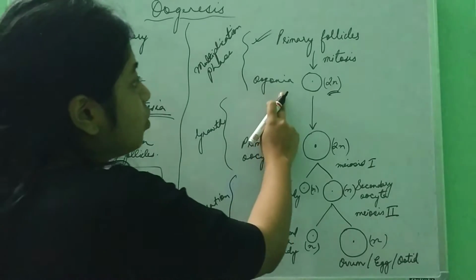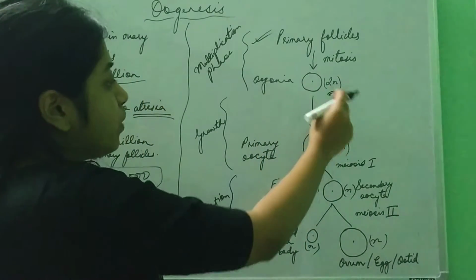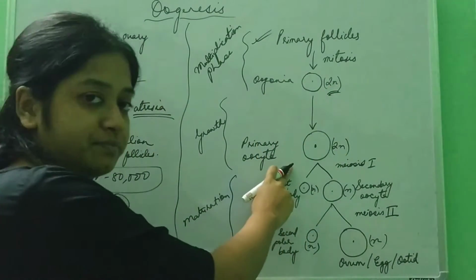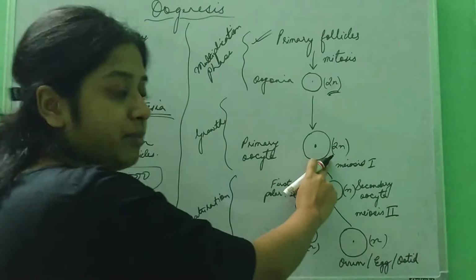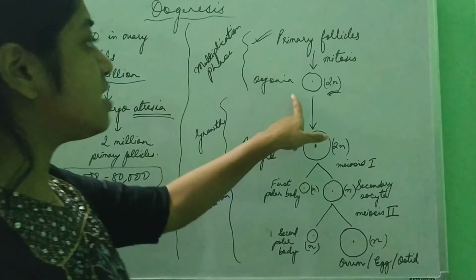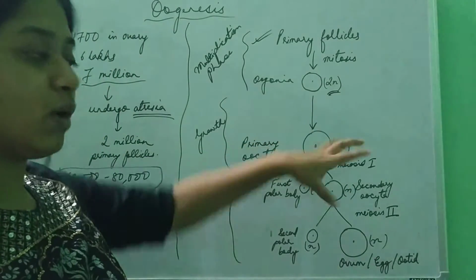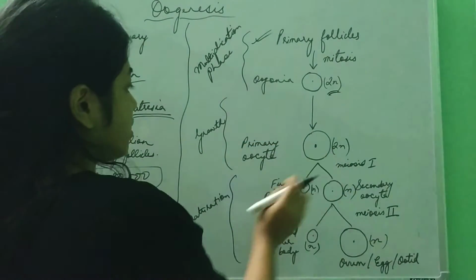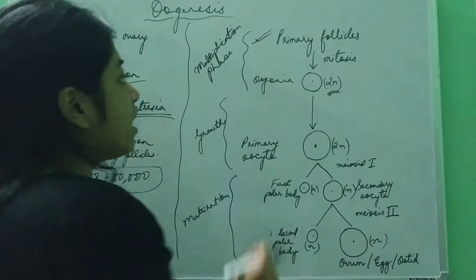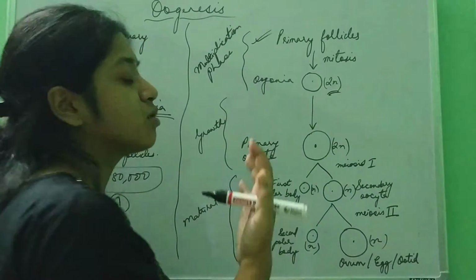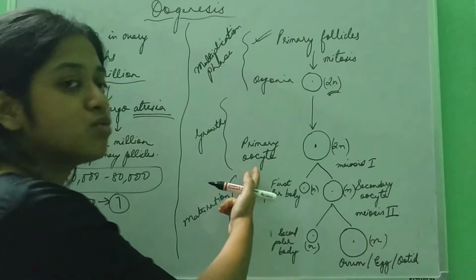Then these oogonia, which are diploid, will form the primary oocyte, which is again diploid. These oogonia will grow to form one big primary oocyte. This is the growth phase, because your oogonia has grown to form the primary oocyte.